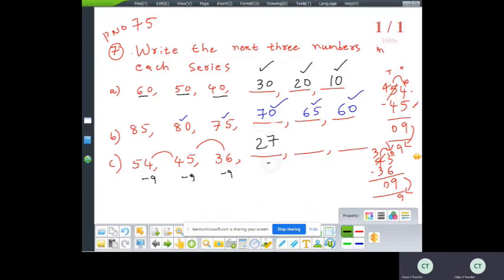Again 27 minus 9. As we cannot take 9 from 7, again we need to borrow 10. 10 plus 7 is 17. 17 minus 9 is 8. From 2 tens, we took 1 ten as borrow. 2 minus 1 is 1. So 27 minus 9 is 18.